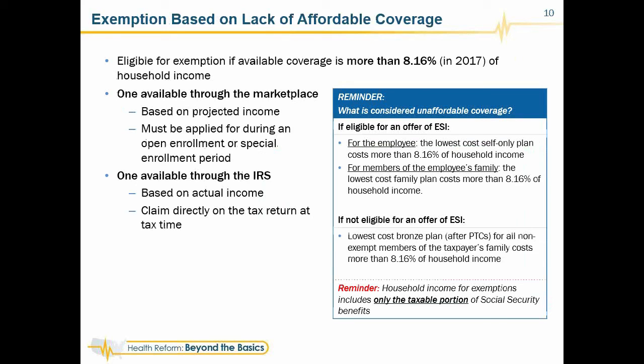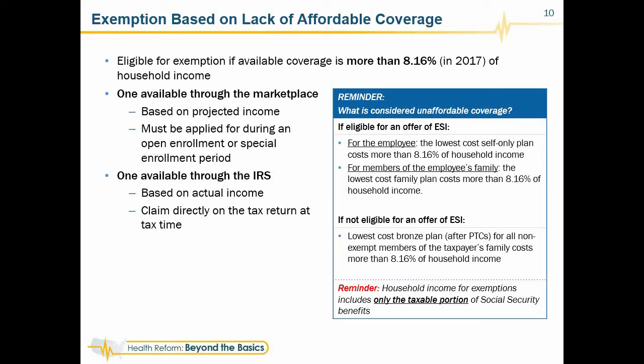So let's look a little more closely at the exemption based on lack of affordable coverage. As we said at the outset, this exemption is available to someone whose cost of coverage, lowest cost employer-sponsored coverage, costs more than 8.16% of household income.